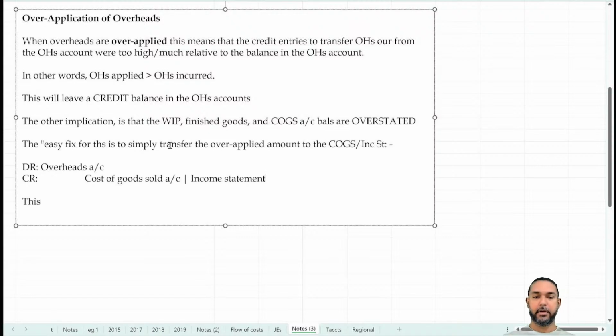Doing the above will eliminate the credit balance in the overheads account.